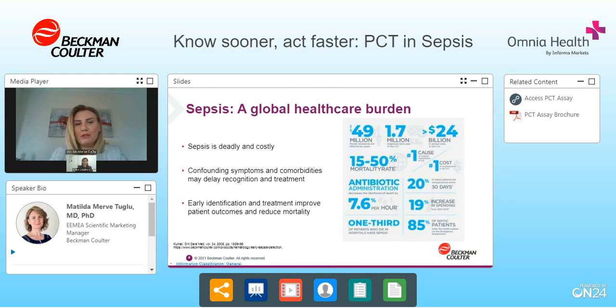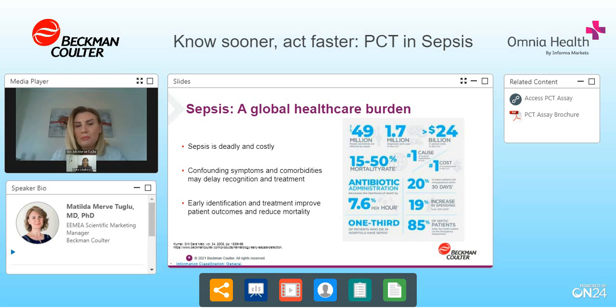Firstly, if we have a look at the sepsis definition, we may say that it's life-threatening organ dysfunction due to a dysregulated host response to infection. It is a burdensome condition worldwide in terms of morbidity, mortality, and financial cost to health systems, of course. But still, data for the global burden of sepsis are limited.